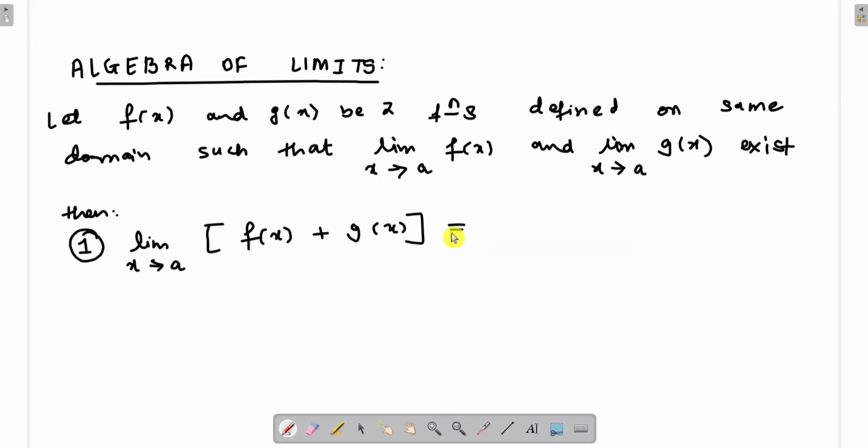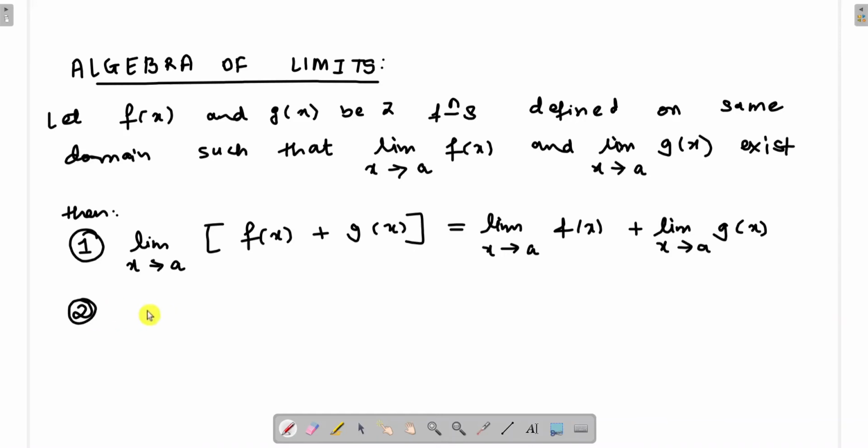If you are looking at the limit of two functions which I added, then we have the limit of the first function plus the limit of the second function. So the limit of the sum of two functions is equal to the sum of the limits of the two functions.